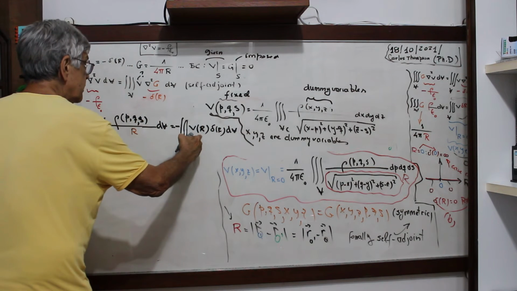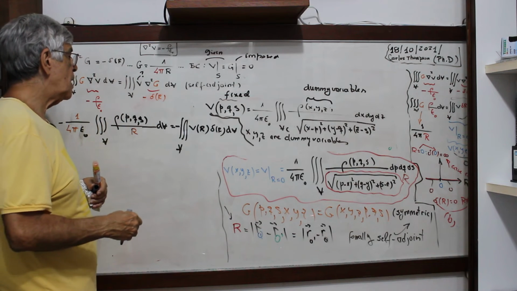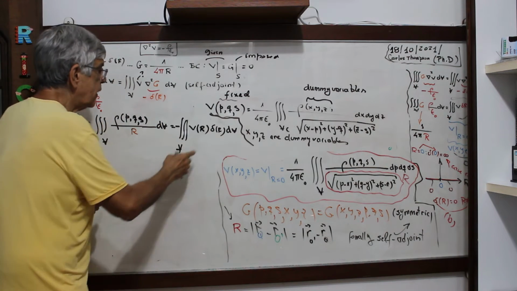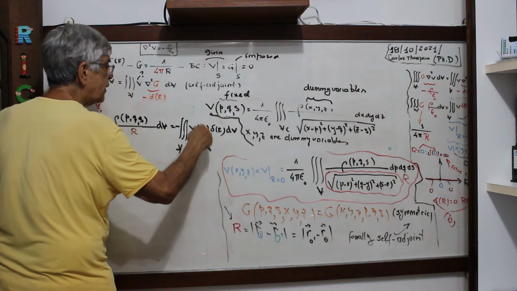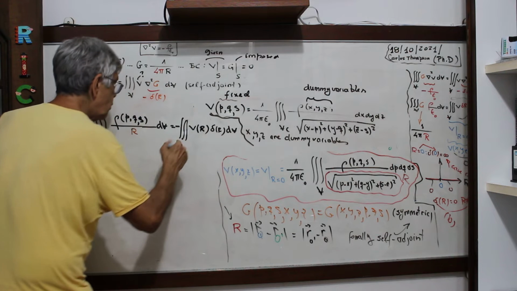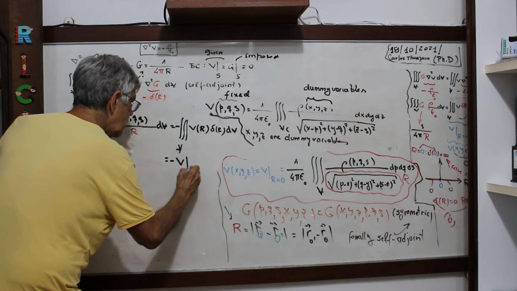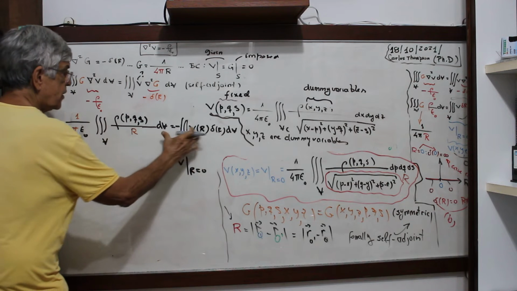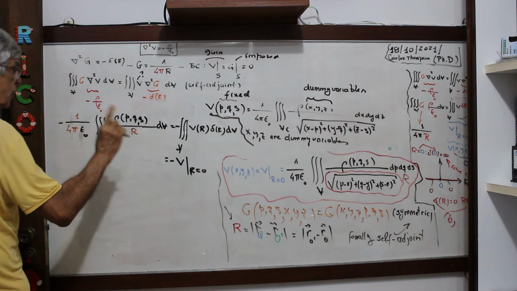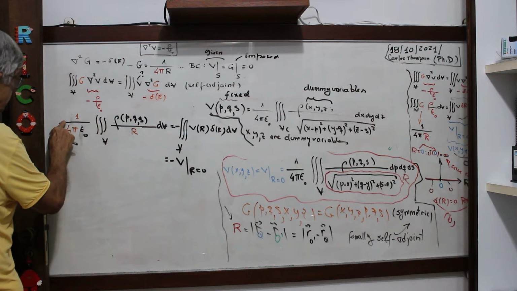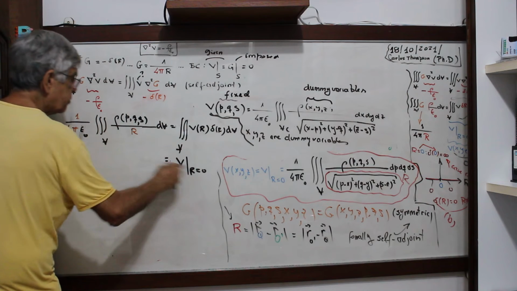Now remember the property that we did before: delta of R will activate R and set it to 0, so this is equal to minus V of R equals 0. This integral is minus here. Look how interesting, I can erase this minus and this minus over here, so this is plus.